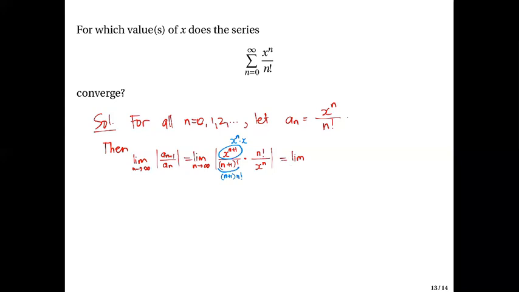Which means that we have the limit as n approaches plus infinity. We'll be left with the absolute value of x in the numerator and n plus 1 in the denominator.